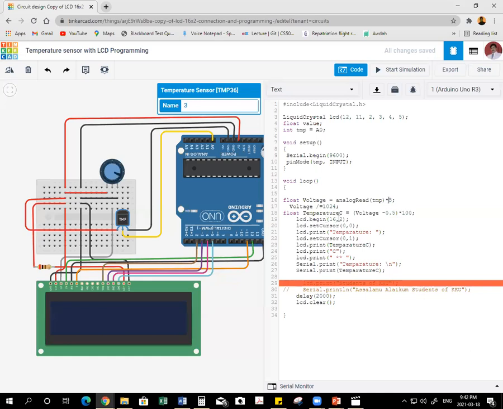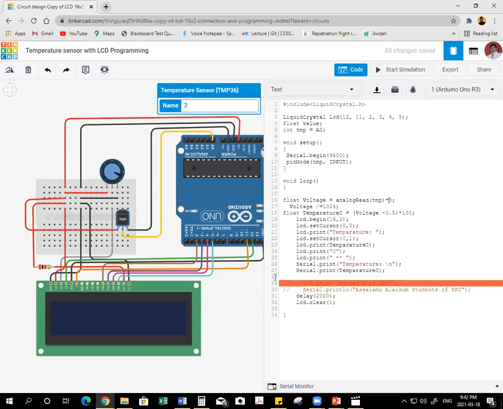Okay, now LCD begin 16, 2: 16 is the number of digits in each row, and 2 is the number of rows. We have 2 rows. Now LCD set cursor 0, 0 means the starting position of the LCD. Now we are printing temperature. That's it. Now we are setting the LCD cursor to the second row, first digit. There we are printing the temperature, meaning the value of the temperature that we calculated.